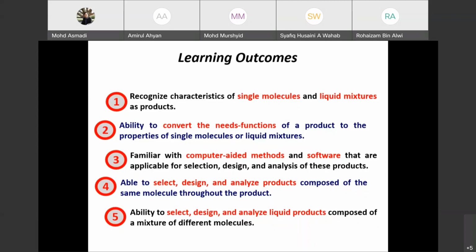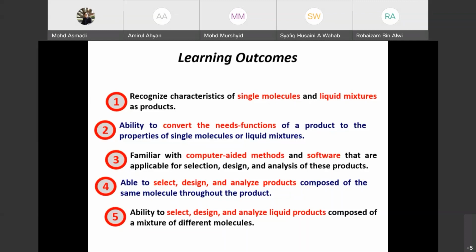I will teach maybe some basic and how to use the iCast, and then you can explore by yourself. Okay. And able to select, design, analyze product composed of the same molecule throughout the product. And lastly is you can select, design, analyze liquid product. And this is the mixture.